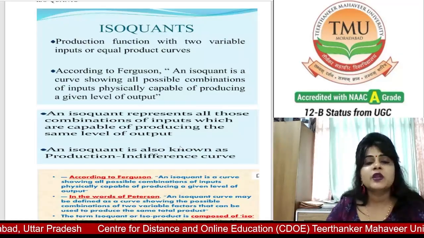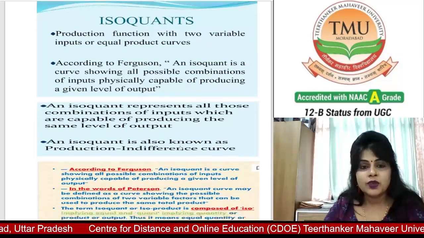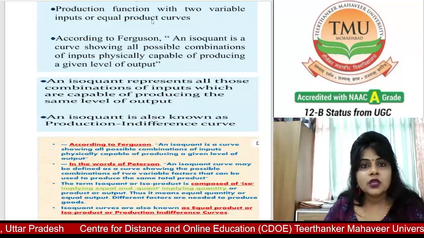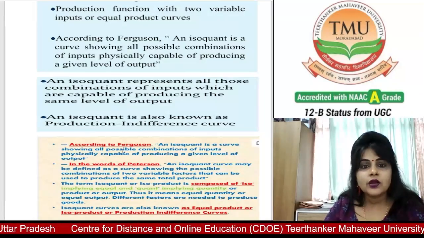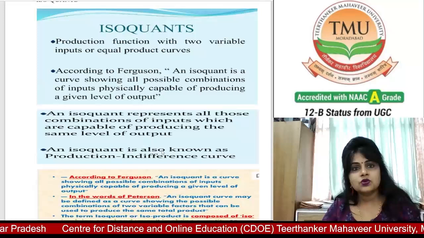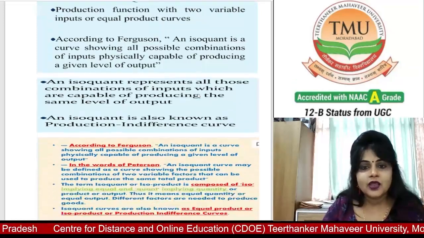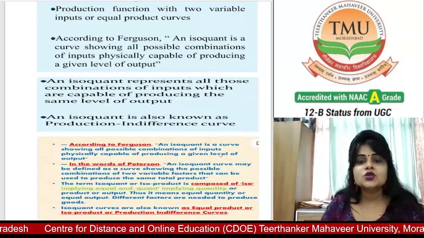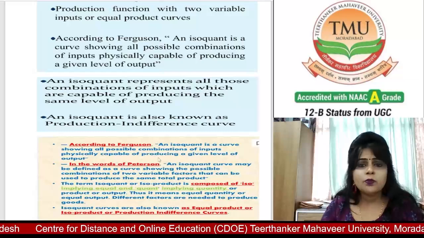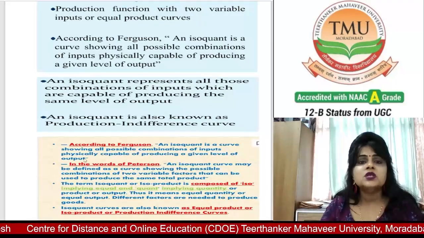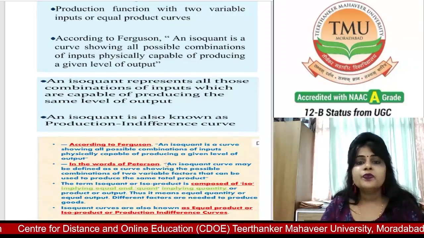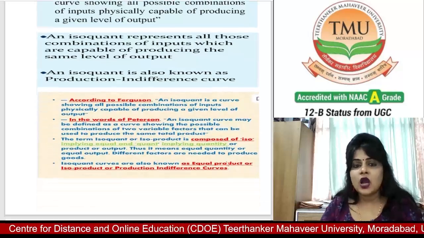I will also explain it further in the video. Also written again, according to Ferguson, an isoquant is a curve showing all possible combinations of inputs physically capable of producing a given level of output.